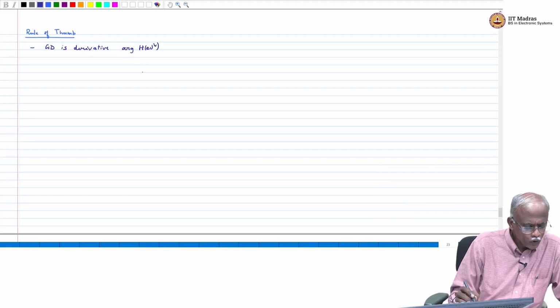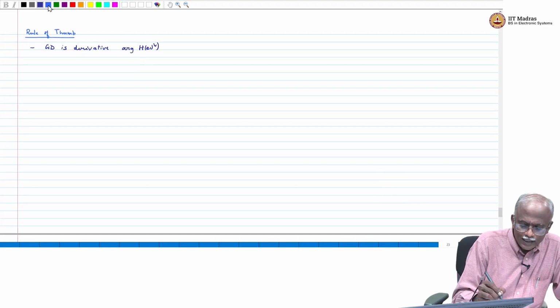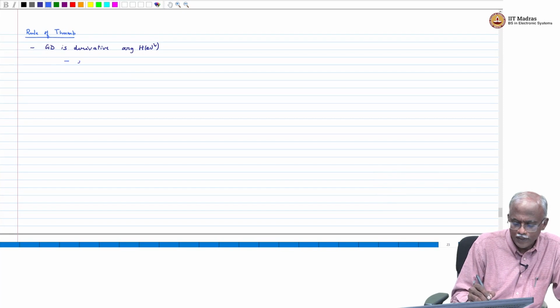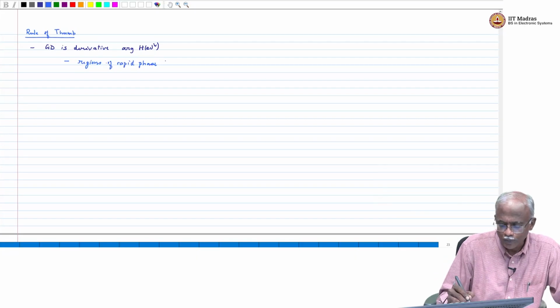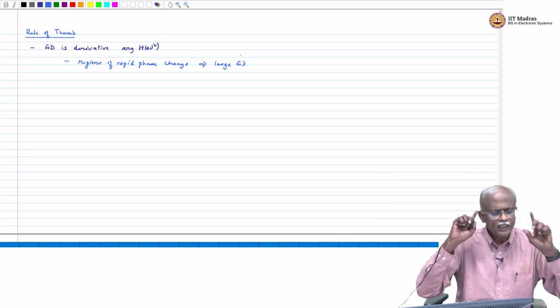Okay, so the regions of rapid phase change, that is the places where you will see large group delay. These are the ones that contribute to large group delay. Okay, always keep that in mind.